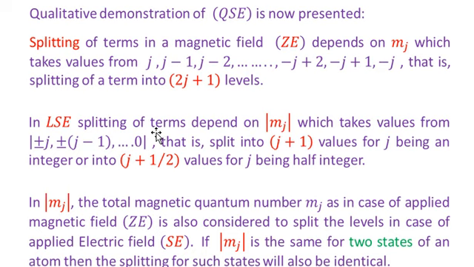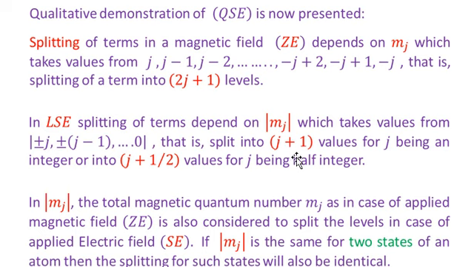And also in the quadratic Stark effect, the splitting of the levels will depend upon the mod of mj, which takes values plus minus j, plus minus j minus 1, and so on up to 0. Or in other words, the mod of 0, plus minus 1, plus minus 2, and so on up to plus minus j.